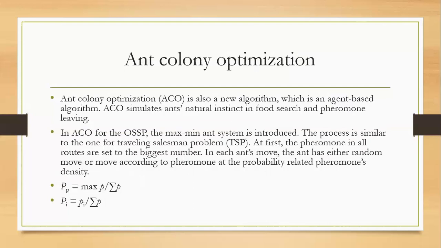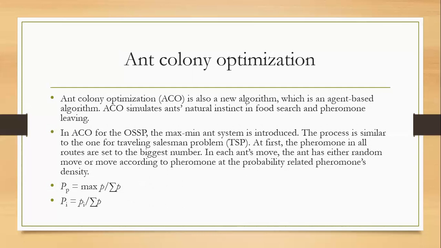Ant colony optimization. Ant colony optimization is also a new algorithm, which is an agent-based algorithm. In ACO for the OSSP, the max-min ant system is introduced. The result sequence is the route ants move through, except that ants cannot move to a repeated position, which is controlled by a taboo list.